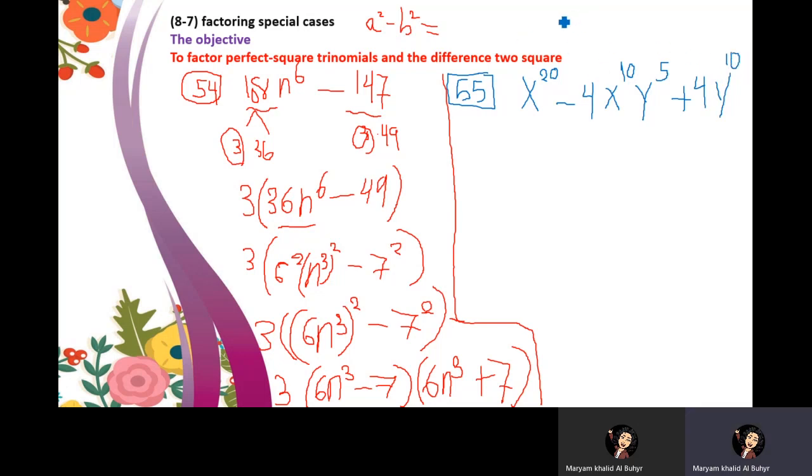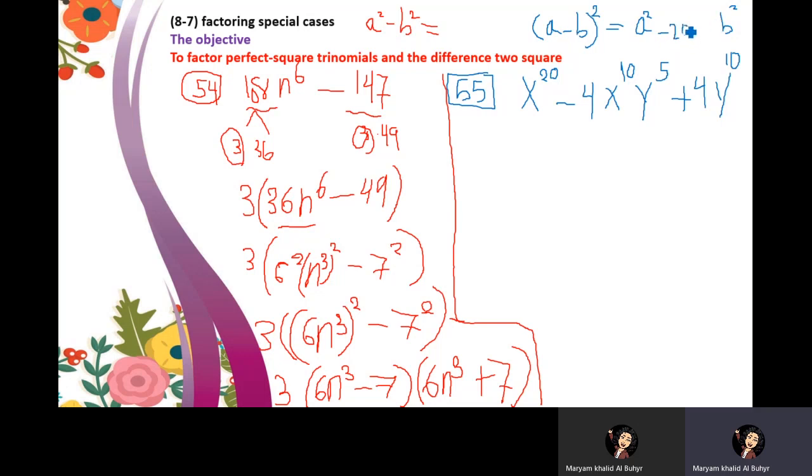So directly your mind will go to the perfect squares, to this formula: all this to the power 2 equals first term squared, last term squared, minus 2 times first times second, because I have minus here.